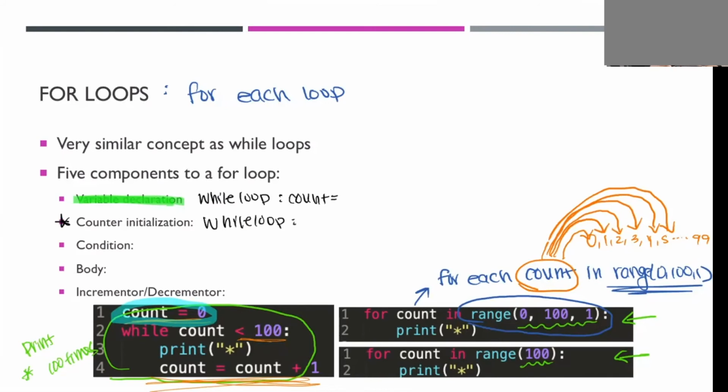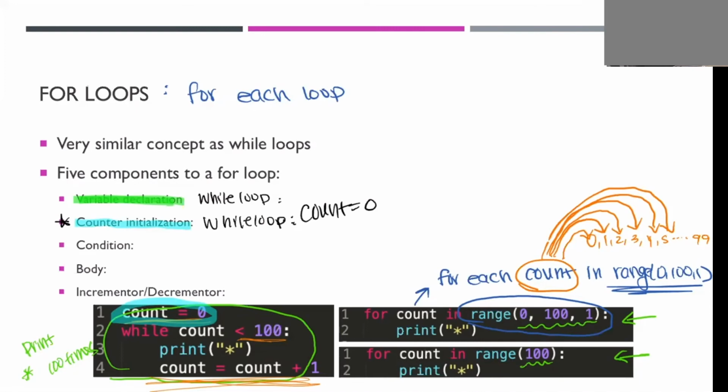Both of these fall under one line of code, count is equal to 0. So the counter initialization and the variable declaration were the same thing, or can be written in one line for a while loop.